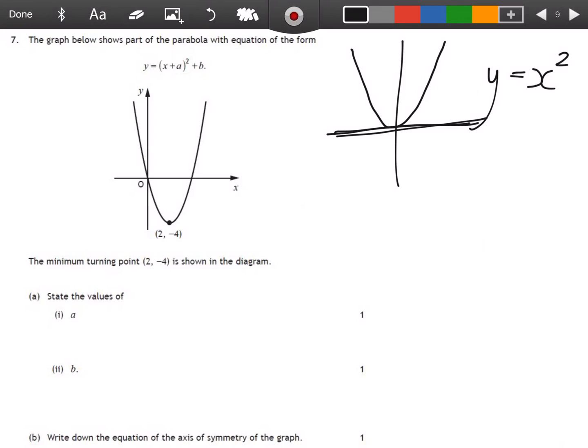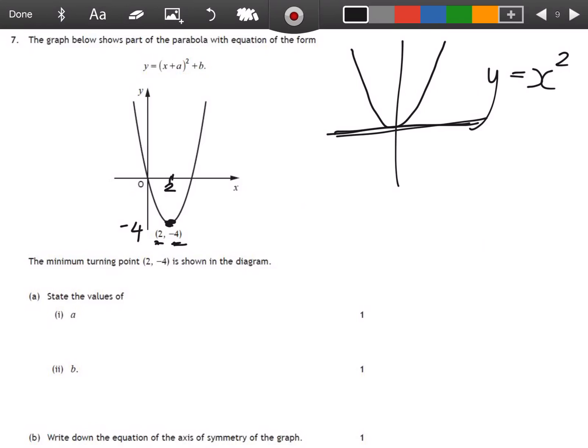This one's been shifted a wee bit. In this picture, the coordinate is 2, which means the turning point is along there at number 2. Then the next number in your coordinate is -4, which means it's down to -4. It's 2 along and 4 down.